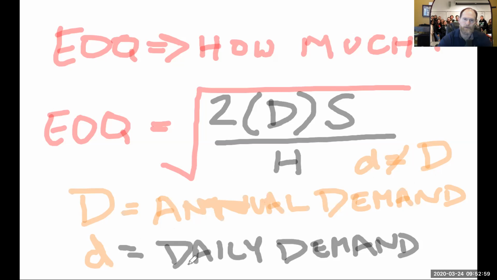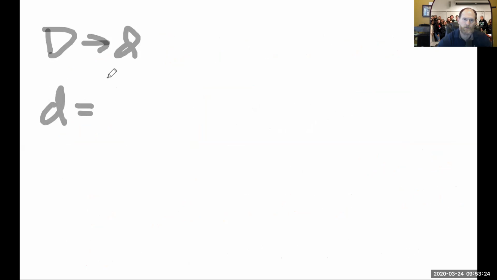Okay. And while we're on this here, we might as well go to a new screen. So let's talk a little bit more about how we get from D to little d, how we do that conversion. Well, it's actually very simple. So if we want little d, we need to know the number of work days that we work in a year.